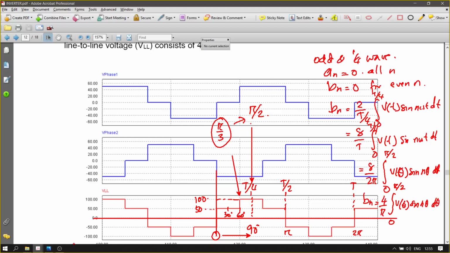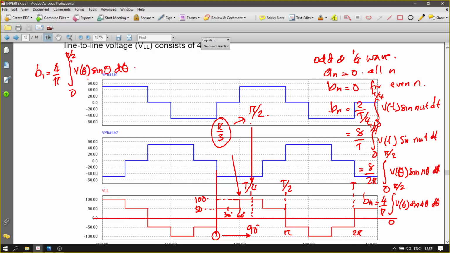Sorry for that. Okay, so here if I want to find b1, I will replace all that. b1 equals 4 over pi, 0 to pi over 2, v(theta) sine, and now n is 1, so sine theta d theta.